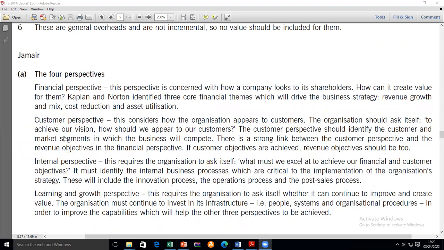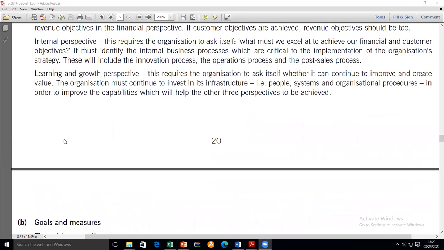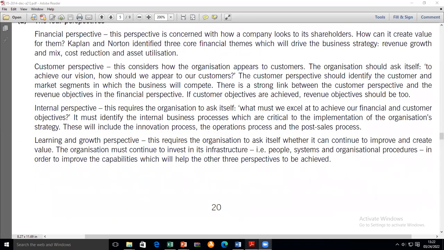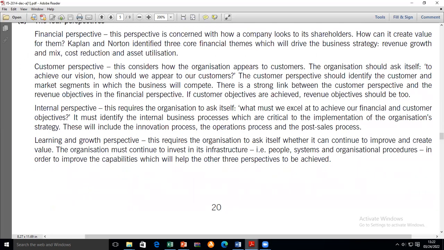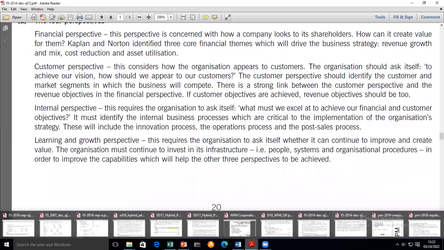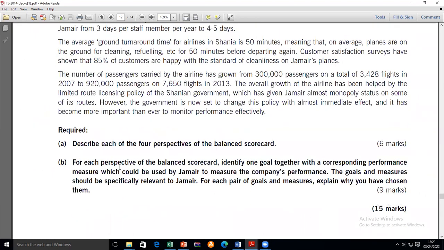Let us now move to the next item in our question. The next item on our question is, for each perspective of the balance scorecard, identify one goal together with a corresponding performance measure, which could be used by the company.